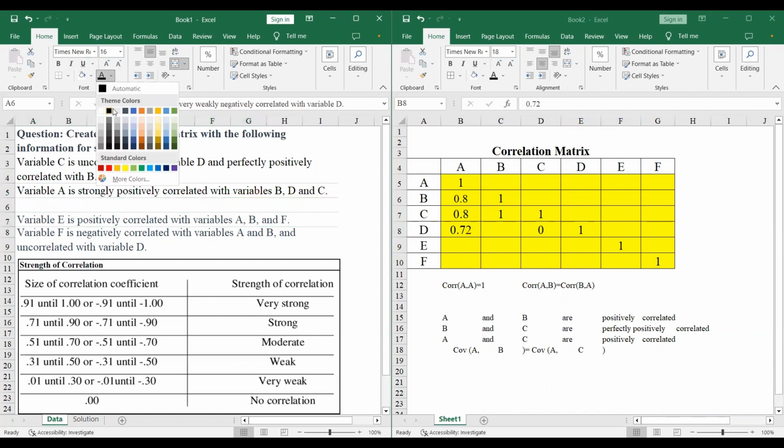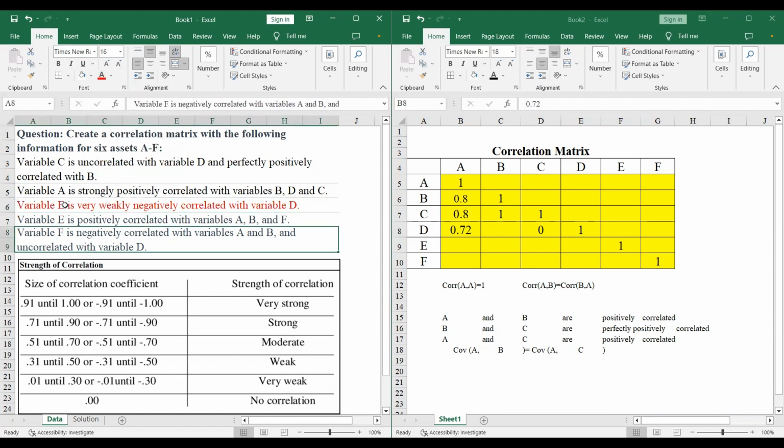The third statement over here says variable E is very weakly negatively correlated with variable D. Very weak negative correlation is from minus 0.01 to minus 0.3.